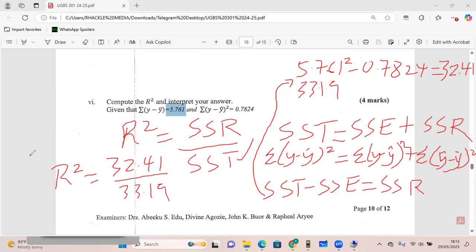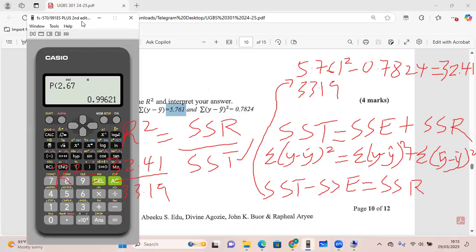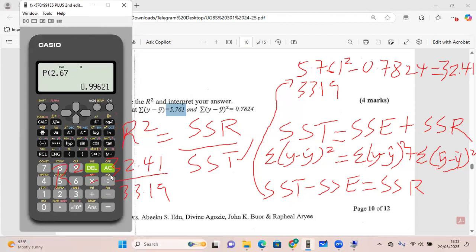So now, this is how it is going to look. So 0.9765.